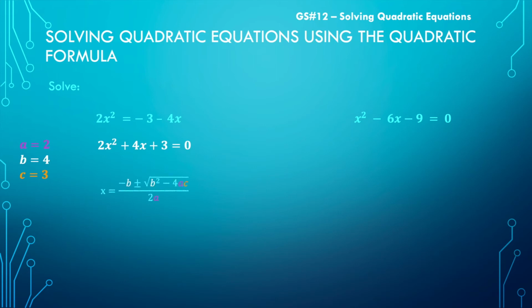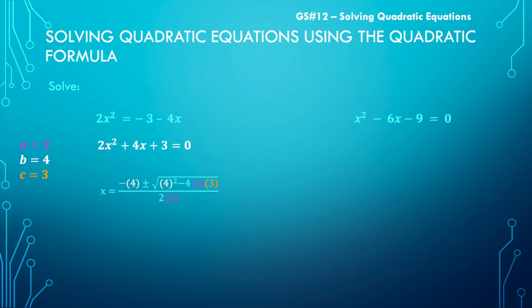Use our quadratic formula and substitute the appropriate values into the appropriate places. So, negative 4 plus or minus the square root of 4 squared minus 4 times 2 times 3 all over 2 times 2. Okay, let's simplify our radicand by evaluating what's underneath the radical.